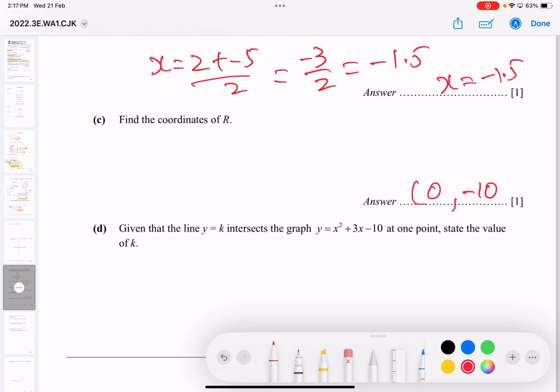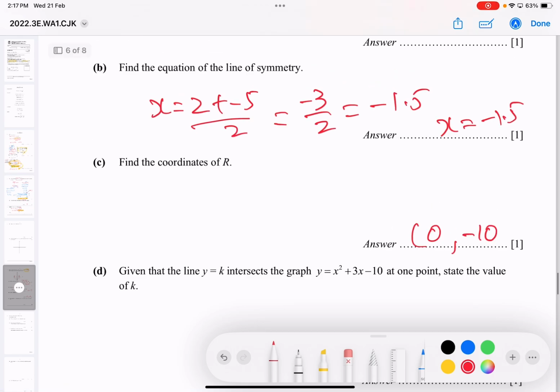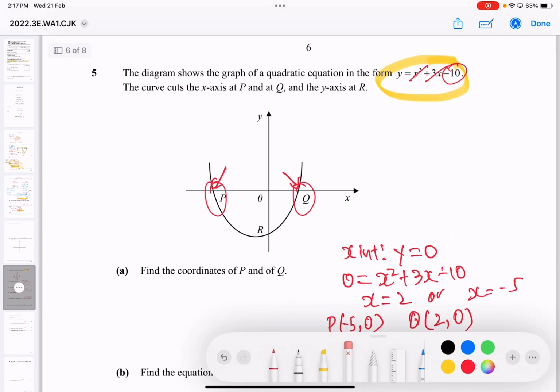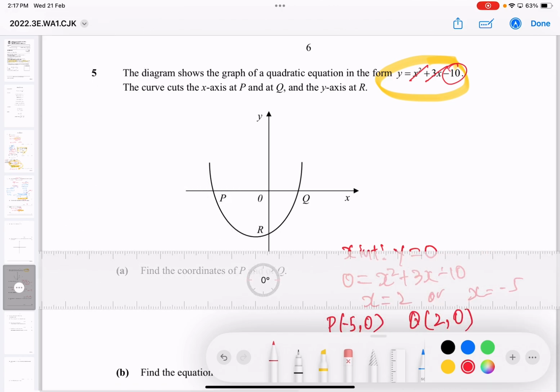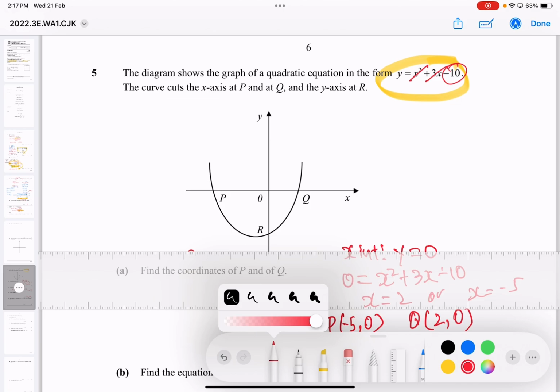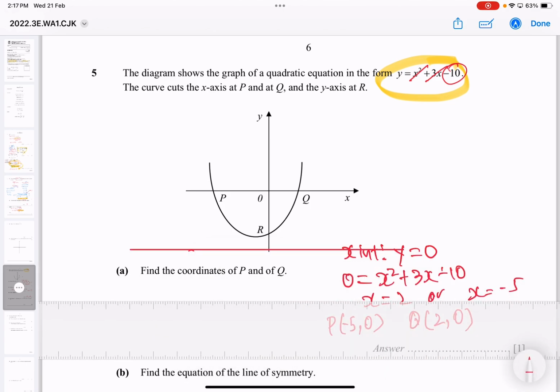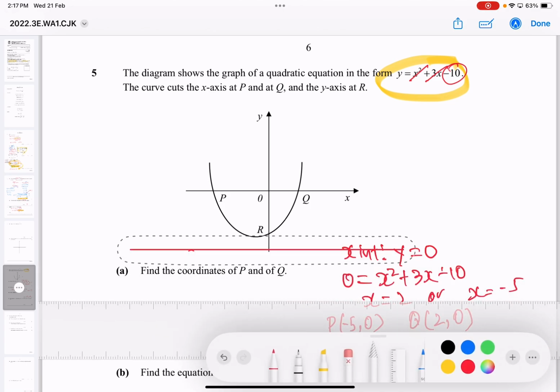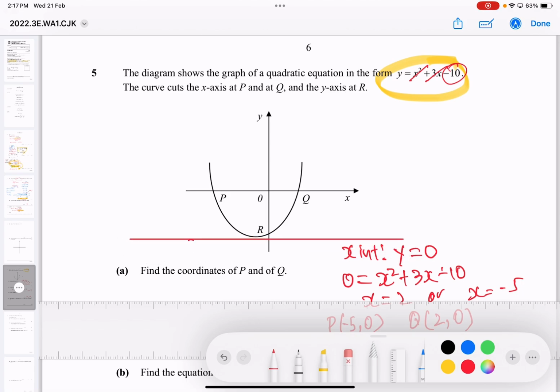Okay, part D. Given that the line y equals k intersects at one point, state the value of k. If it only intersects at one point, that means let us draw a straight line over here. This line must be a tangent to the curve.